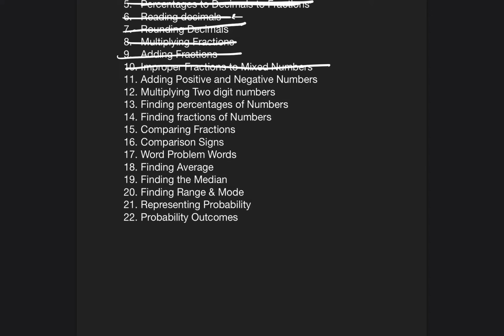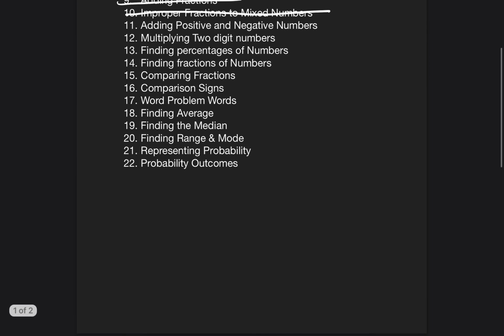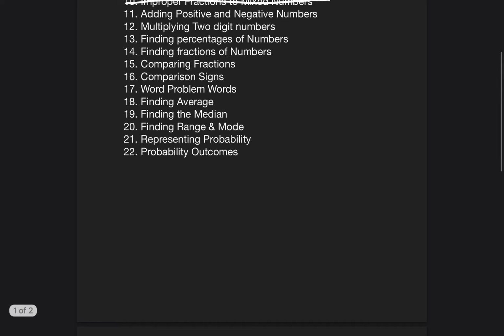So we have 11 through 22, and I promise to make this as easy and simple as possible. Question number 11, adding positive and negative numbers. I really like this because I have a simple way to remember how to do this. Negative 10 plus 3. The way that you add them together is you ask yourself, does the negative have the larger number or does the positive have the larger number?